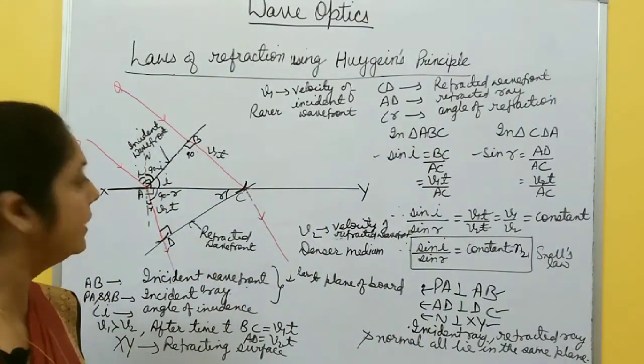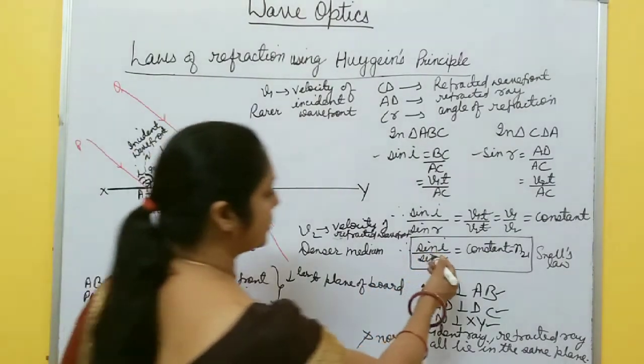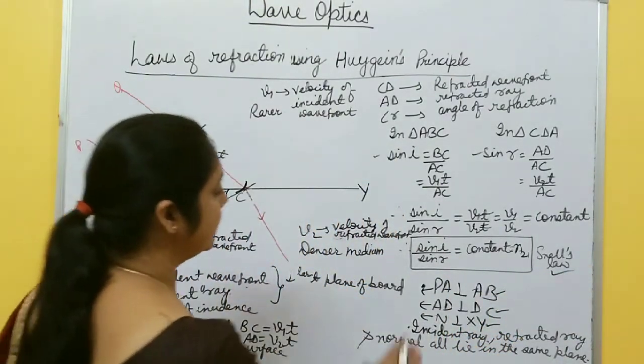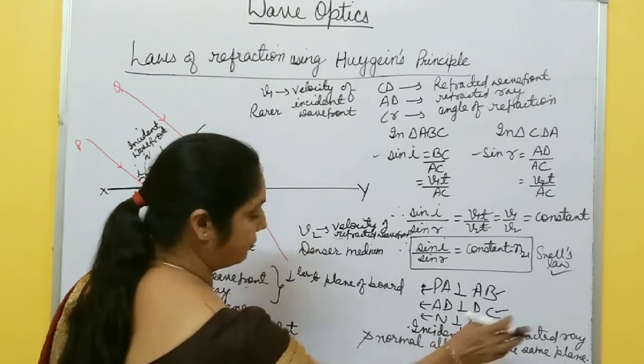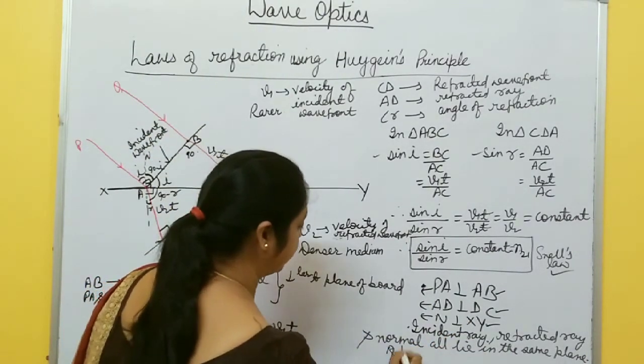So in this way you can prove laws of refraction using Huygens' principle. First law is this one, sin I by sin R is some constant quantity, Snell's law, and the second one is this: incident ray, refracted ray and normal all lie in the same plane of paper.